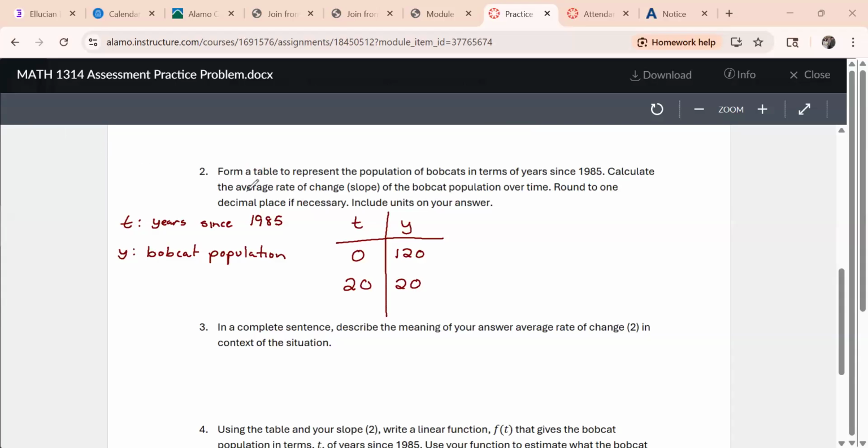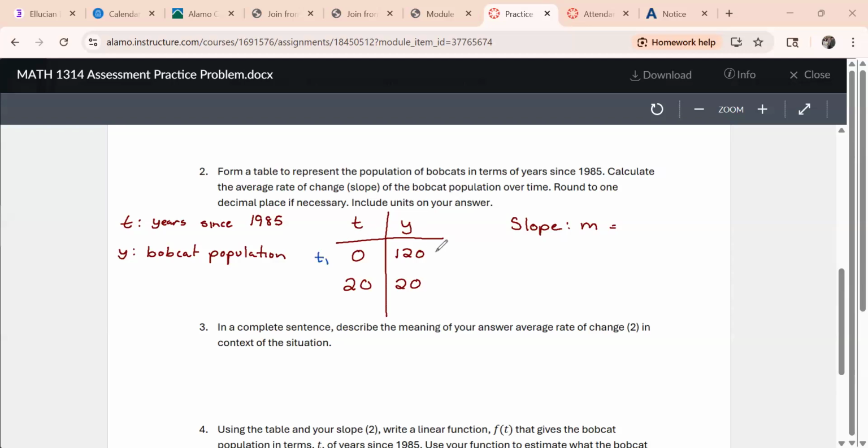So next we want to find our average rate of change. Then make sure we round it to 1 decimal place if necessary. We may need to round, we may not, and include units in your answer. So my slope, that's going to be m. To point this out, we don't have x and y's here, we have t and y's.